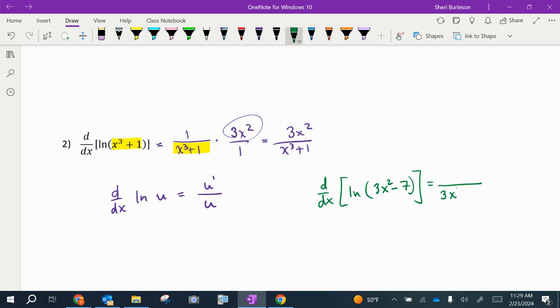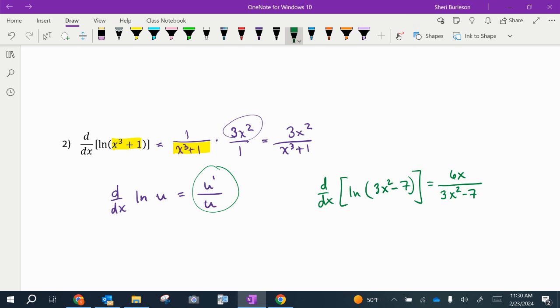It puts 3x squared minus 7 in the denominator, and then the numerator is going to be the derivative of 3x squared, which is 6x. You don't have to take the extra step to show the 1 over the inner function times the derivative of the inner function. It is always going to be of that form. The derivative of the inner function goes on top.